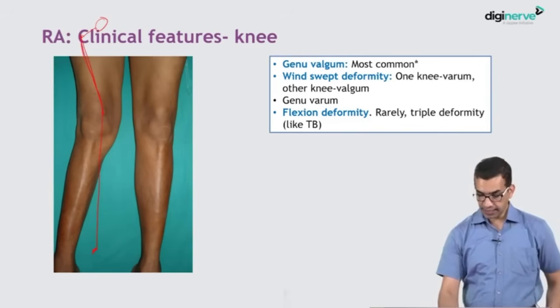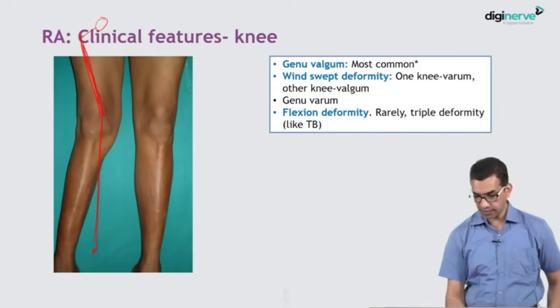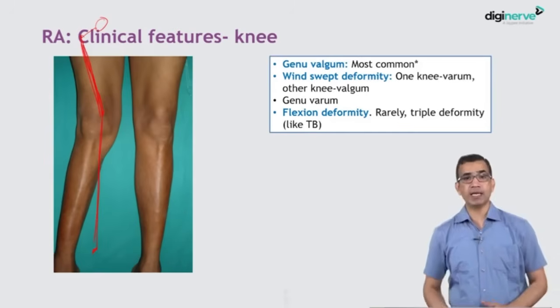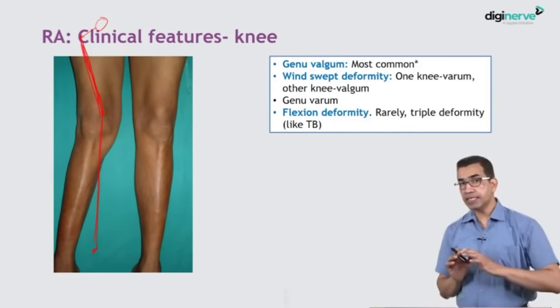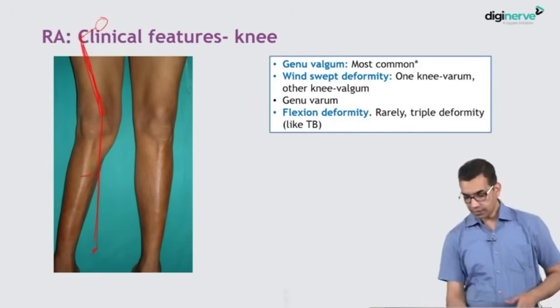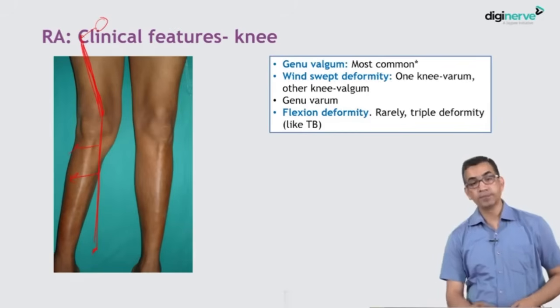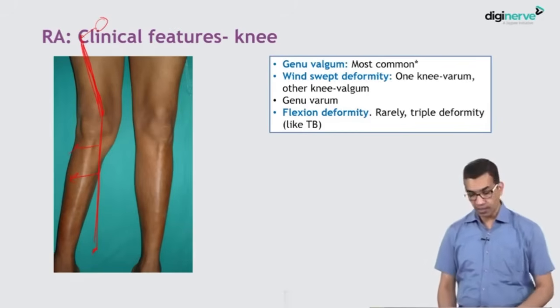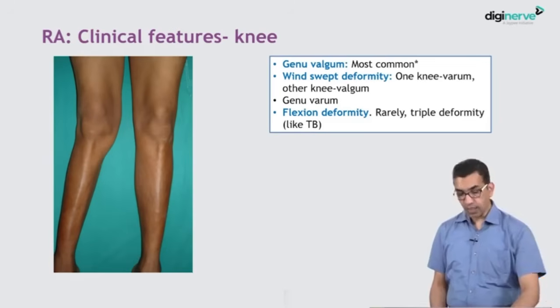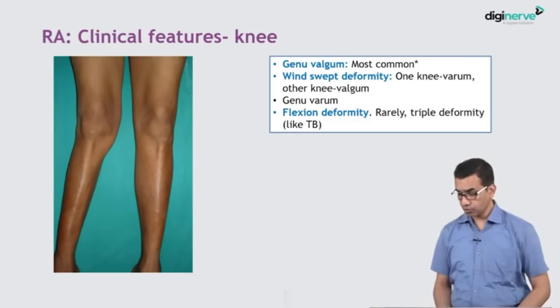So this mechanical axis, where this is the femoral axis, this is the tibial axis, it is always aligned in valgus. And since there is a symmetric damage in both compartments, it just goes slightly more laterally. So that's why you get more of a genu valgum rather than the genu varum. Okay, so please remember this.